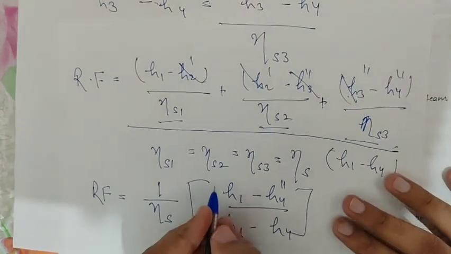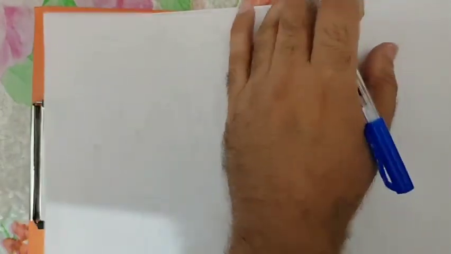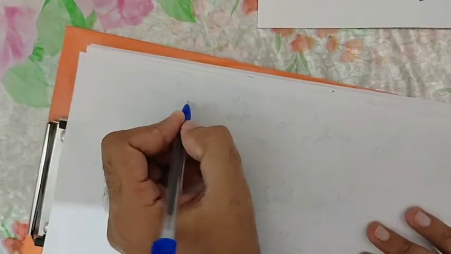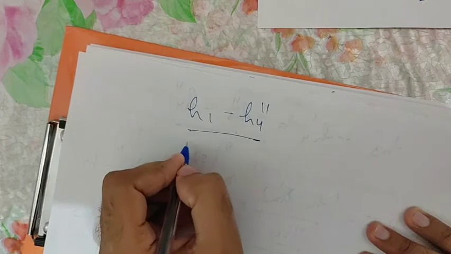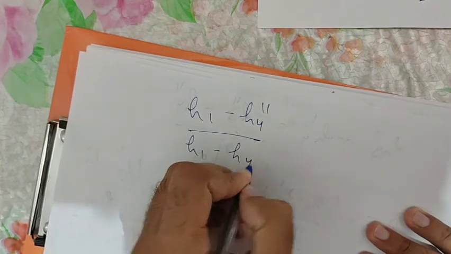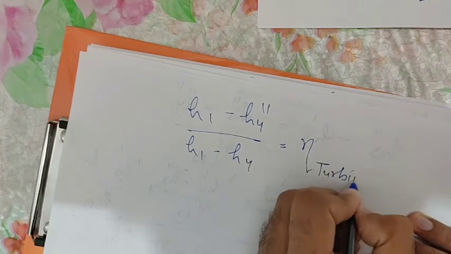And what is the value of this? H1 minus H4 double dash divided by H1 minus H4 will be the isentropic efficiency of turbine.